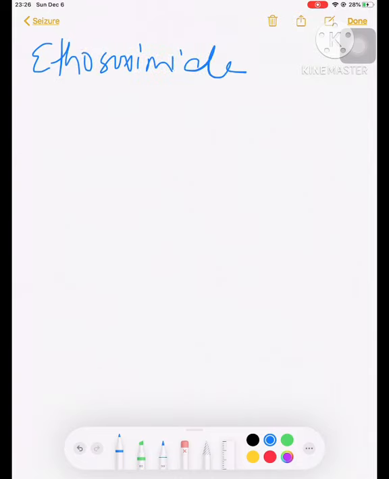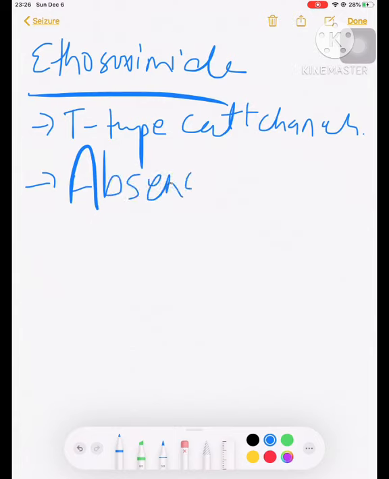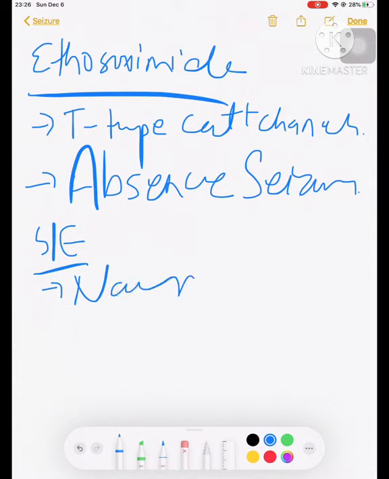It acts by blocking the T type calcium channels in thalamic neurons, and it is used in absence seizures. Its common side effects are nausea, vomiting, and anorexia.